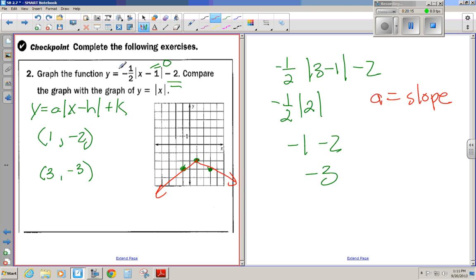The key, though, is making sure you know which way it opens. I think at the beginning I said if a is a negative number, it opens down. If a is positive, it opens up. So it's faster this way for me than to come up with this other point.